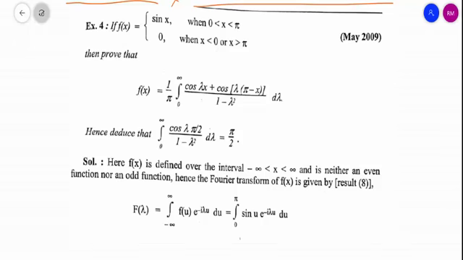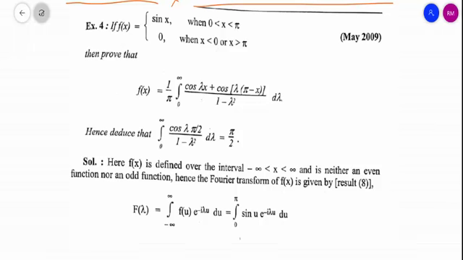How can we observe this? Because here it is written that if x is negative, if x is less than 0, it may be minus infinity to 0 also. So from this we get the information that f of x is defined over the interval minus infinity to plus infinity.